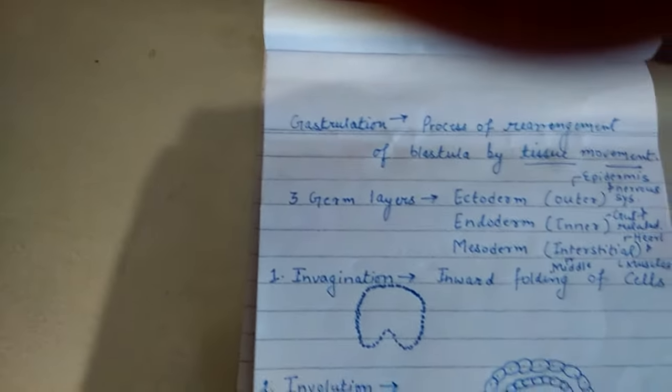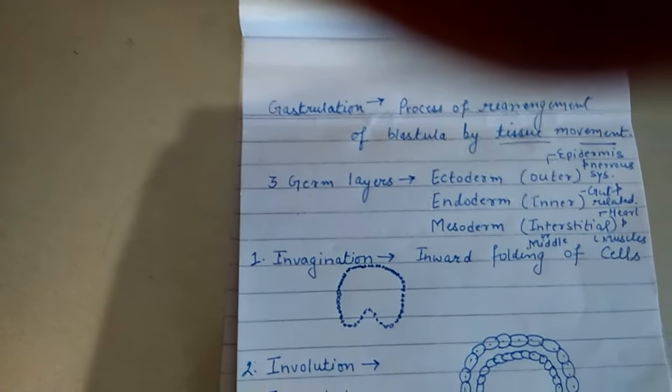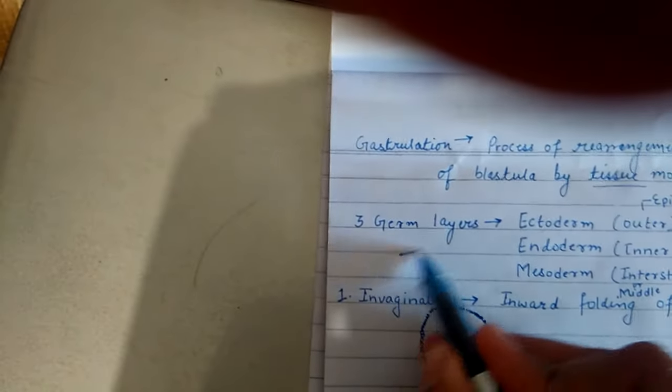So before studying gastrulation, I want to tell you about three germ layers, that is ectoderm, endoderm and mesoderm. Now see, imagine these are your three layers. One is your ectoderm, that is the outermost layer. Middle one is your mesoderm and innermost is your endoderm.